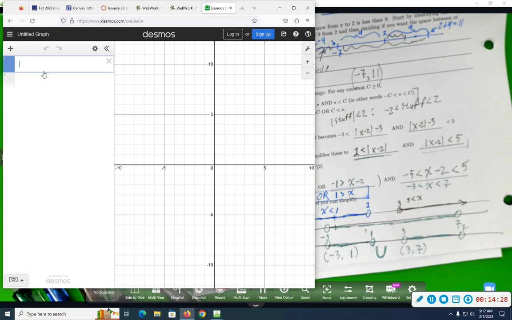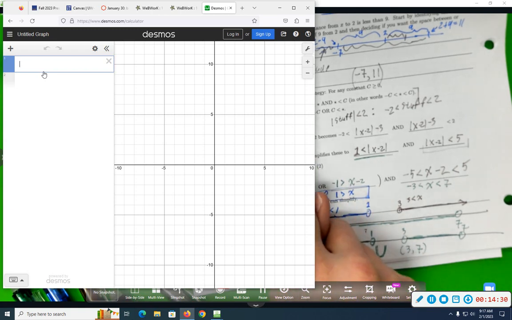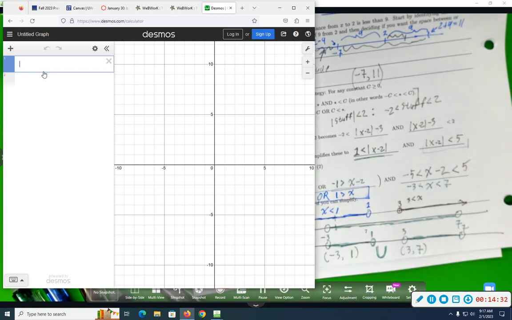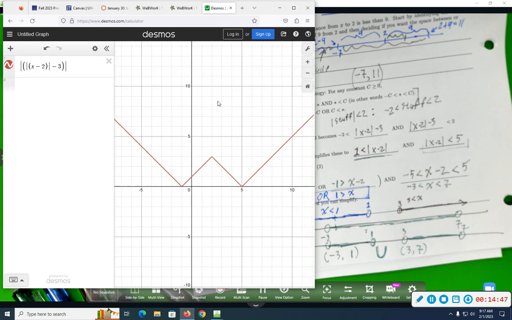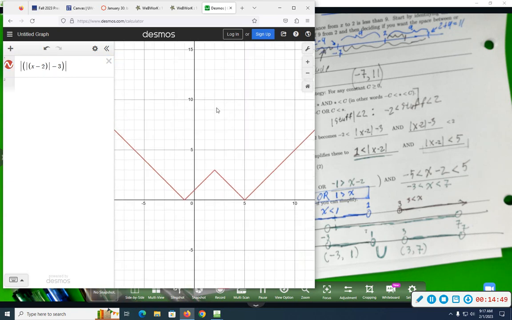So, let's graph a thing. I'm going to graph this original function: absolute value of x minus 2, minus 3. So there's, if you like, a computer output of each x value and the corresponding y value. And I want to know, when is this bigger than 2?